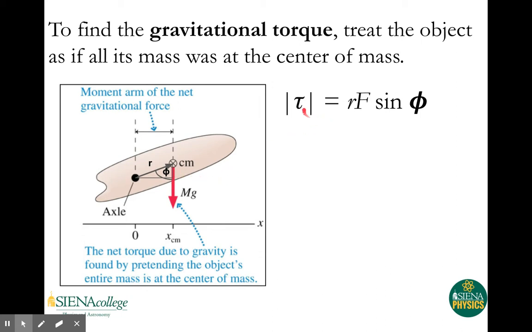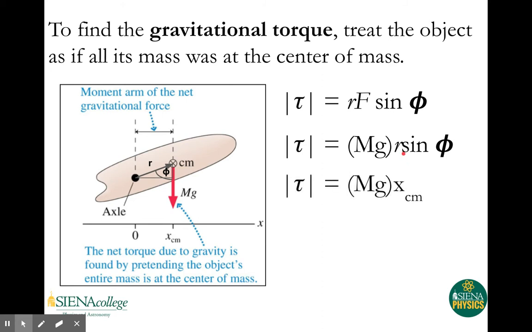So we can use this expression that the magnitude of the torque is rF times the sine of the angle between them. Here I'm just going to swap F with mg, and r is just moving over to the side. Okay, and then just to show you where we get to here, right? If we look now at r sine phi, it's actually this distance. It's just another way of looking at the torque.